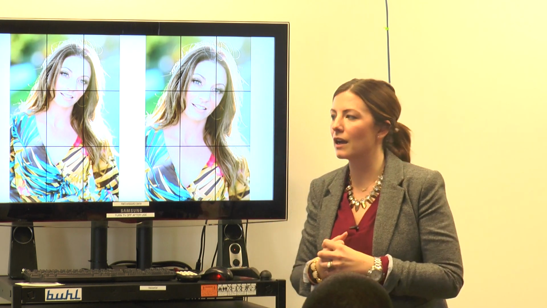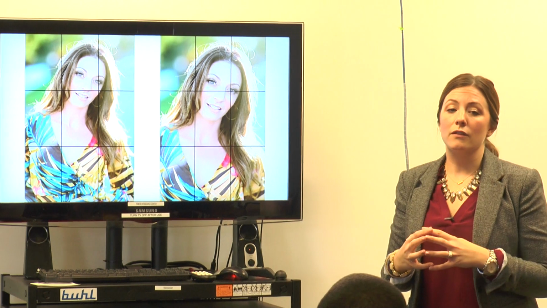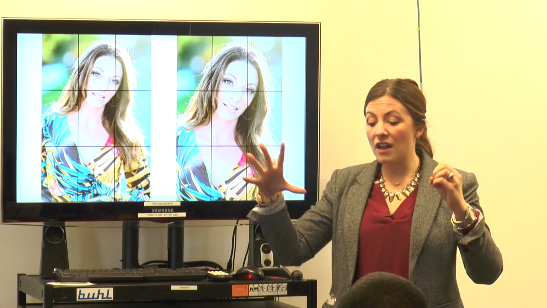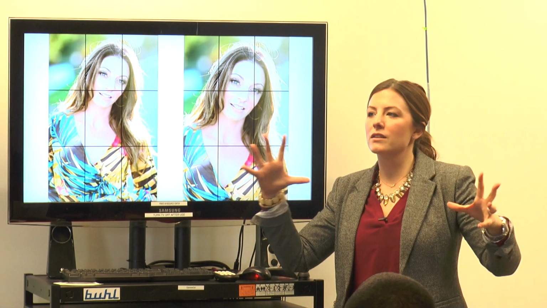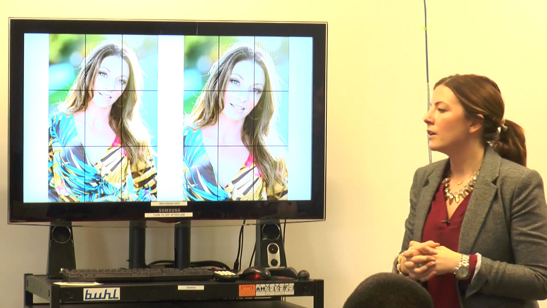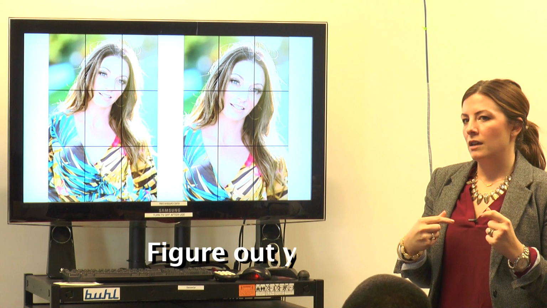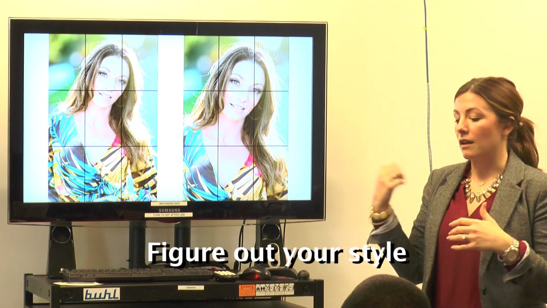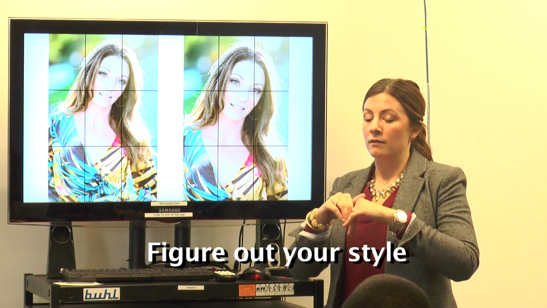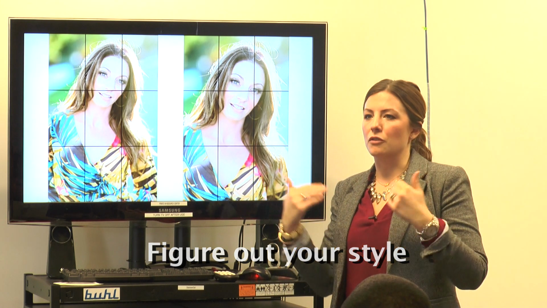That's my style. I have a ton of photographer friends whose style is crazy flash, with really saturated colors and really intense. But figuring out what your style is allows you to stop and think about your composition, and that's going to reflect your style.